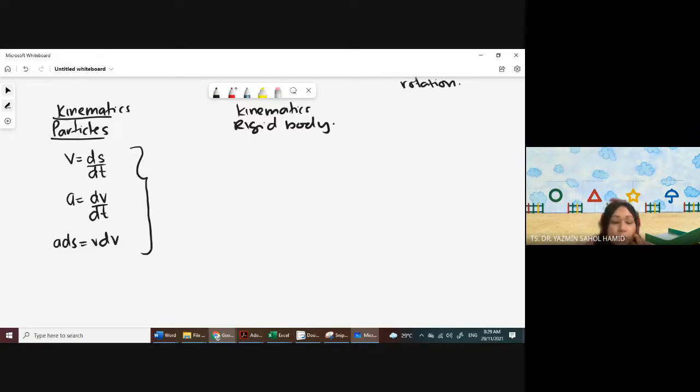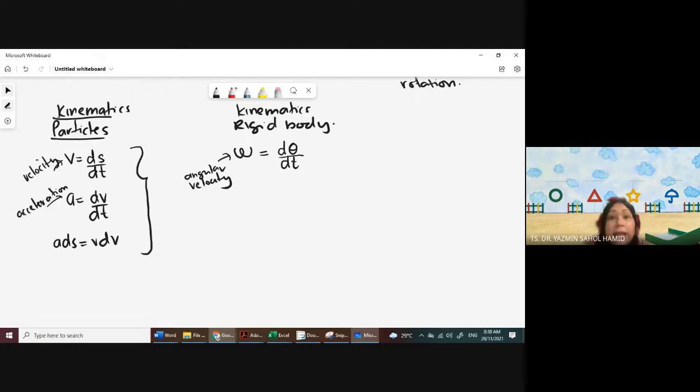Okay, so how do you convert this? So for velocity, what is this? This is velocity, right? This is acceleration. For rigid body, velocity, we use the symbol omega. It's like a W. It's called omega. This is called angular velocity. And then ds ni, s will be theta. Okay.